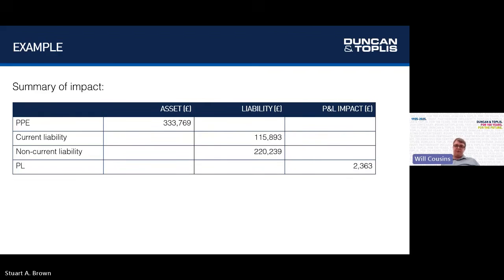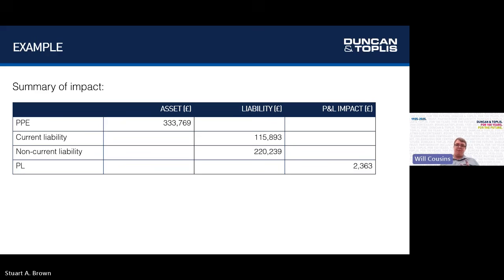So just to visualise the impact, as I mentioned when I was going over the overall impact, there is some profit and loss impact, but it is relatively minor. In the case given, at the end of March 2027, we're left with fixed assets totaling 333,769, which is the initial 445 net present value less the depreciation charge for the year. We've got a current liability of 115,893.